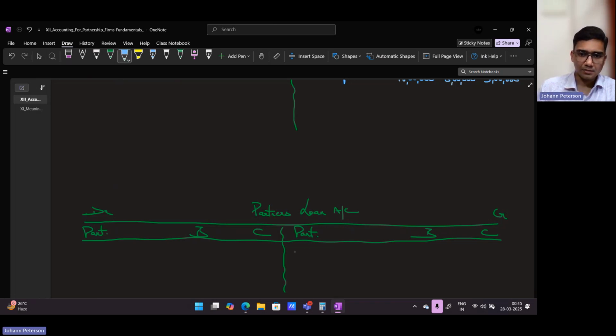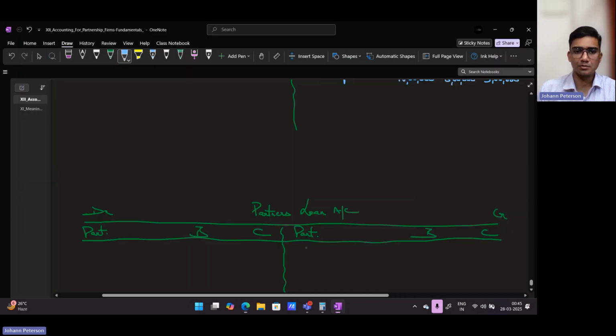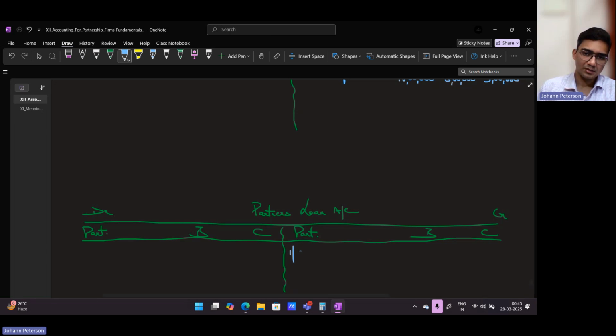Let's go again. So here the date of the loan, we will put the first date of the loan is 1st July 22. The advance 2 lakh. So 1st of July 22 by, here you can write date also, okay? So by bank account, we advanced 2 lakh.